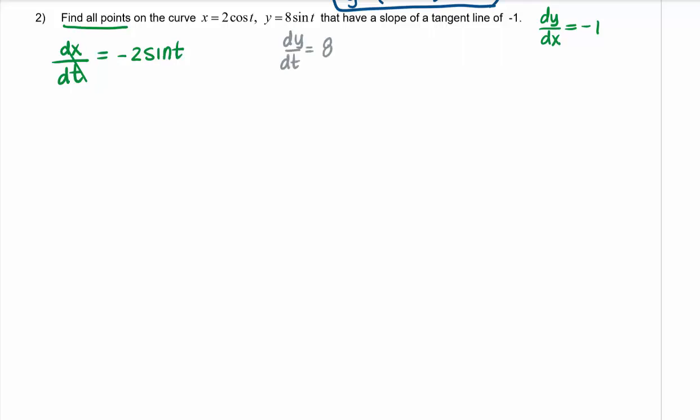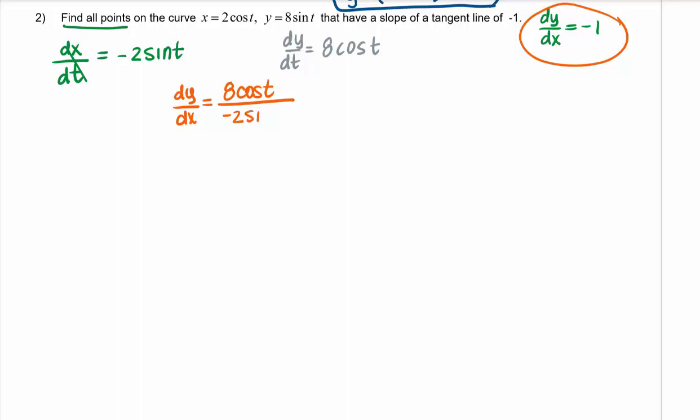And so what I have really is, again, dy dx, but that's the dy dt over dx dt, so that would be dy dx is 8 cosine t, my dy dt, over my dx dt, which is -2 sine t.